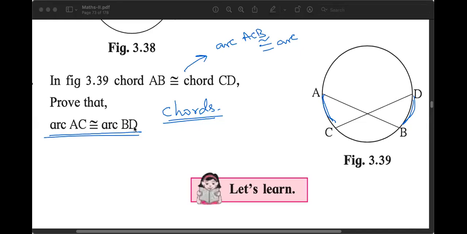What can I write now? Because AB is congruent to CD, two chords will be congruent. What are those two chords? I have written one chord, chord ACB, which is corresponding to the chord AB. What is the corresponding arc for the chord CD? DCB.